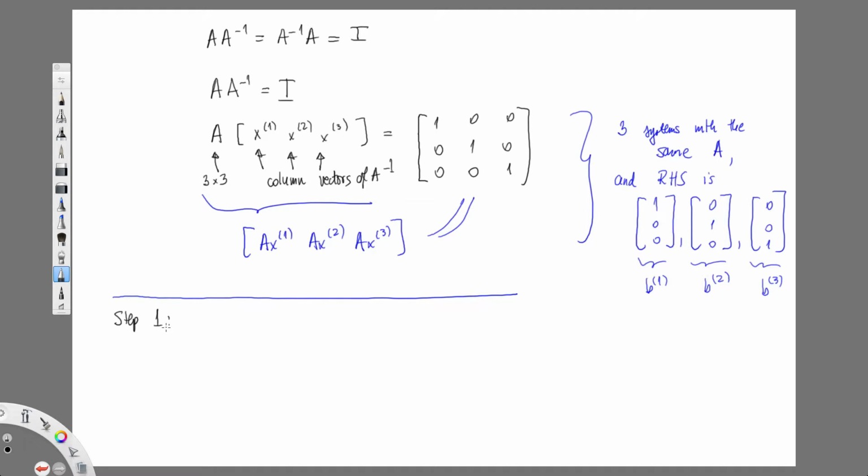Step one is to get the L and U matrices, where A is equal to LU. L is lower triangular, and in the way we're solving, it has ones on the diagonal, and U is an upper triangular matrix.